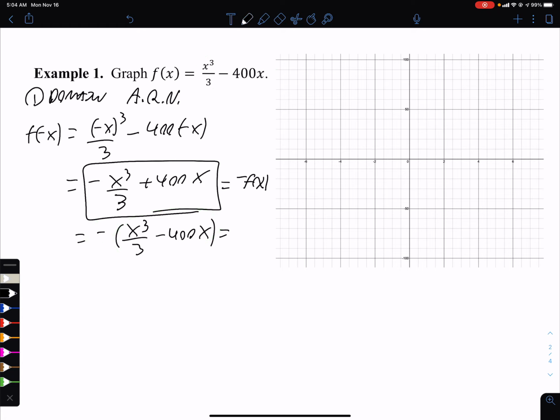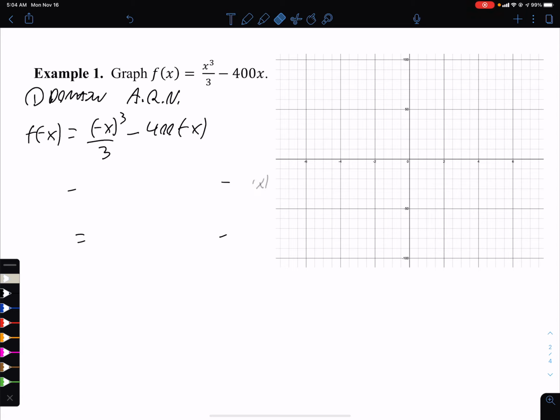So that's why it's minus f of x. That's why it's an odd function and has origin symmetry. I'm going to erase this so I have room to do the rest of my problem. So I'll just say this equals minus f of x. Therefore, it's an odd function. That was 2.